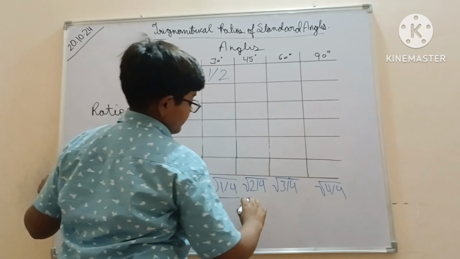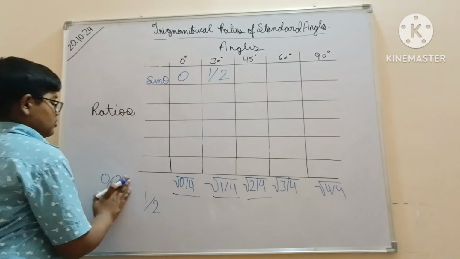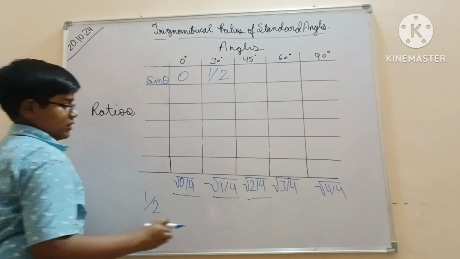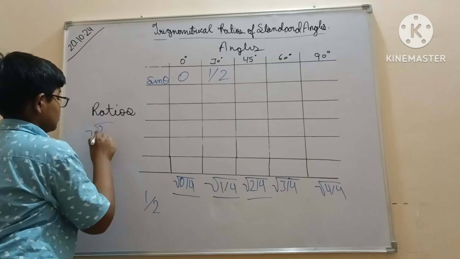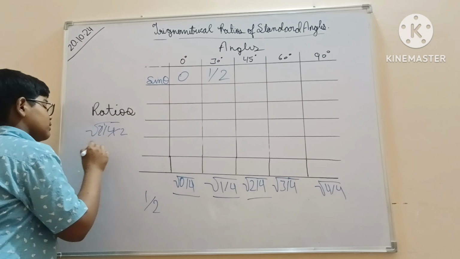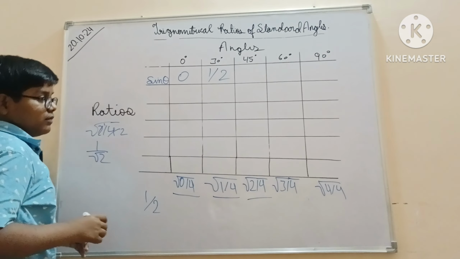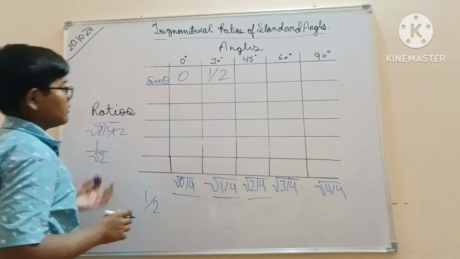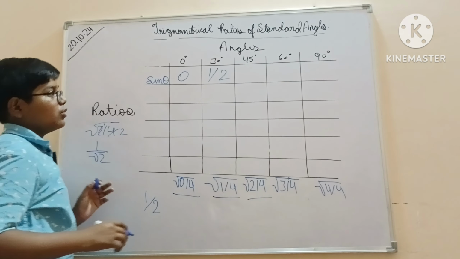Now we will find sine 45 degree by root 2 divided by 4. First we will cancel: 2 will cancel 4 by 2. So it will become 1 divided by root 2, as 1 does not have a root it will become 1 only, and 2 has a root, so root 2.